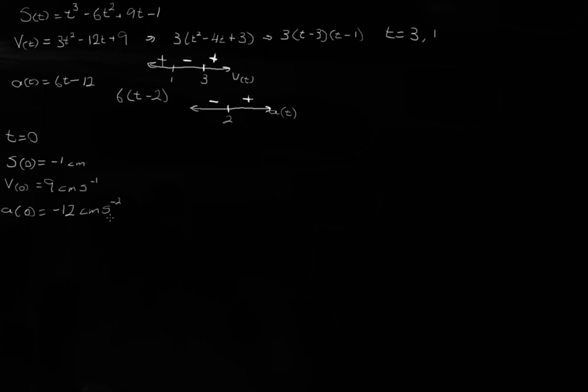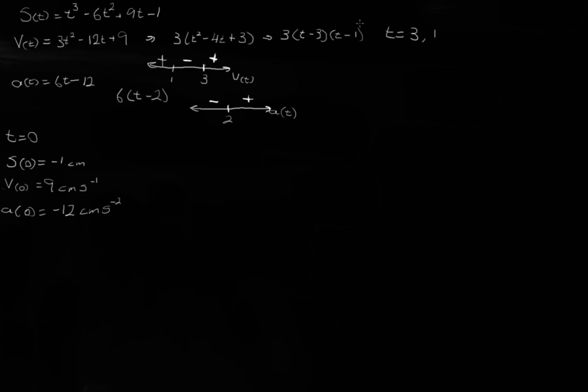What we're going to do now is find the position of the particle when it changes. So when does the particle actually change direction? So we're looking at when does its displacement change. So its displacement is going to change at times where velocity is 0.